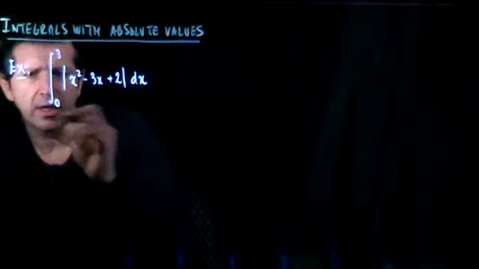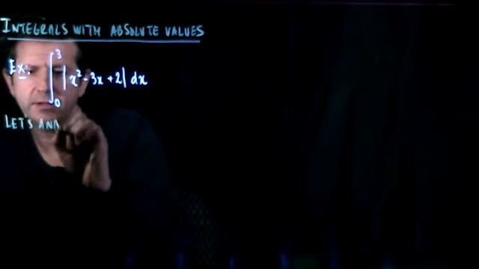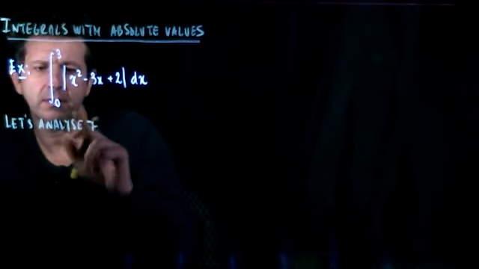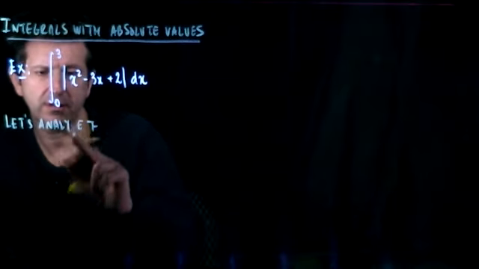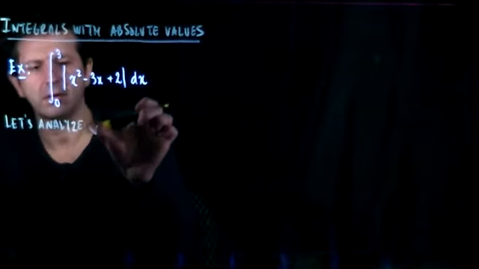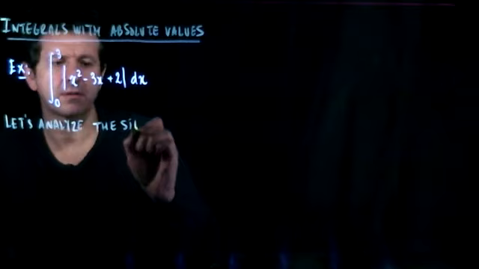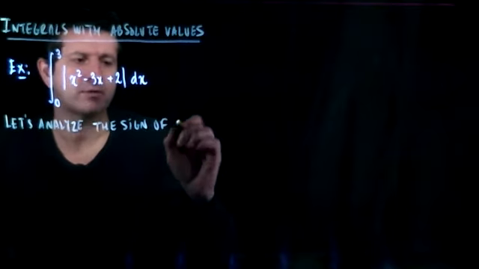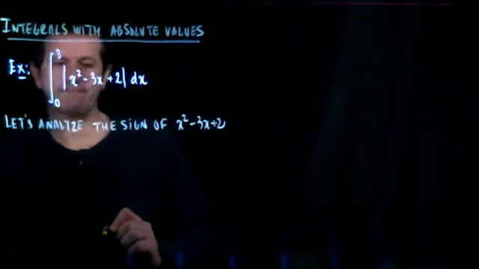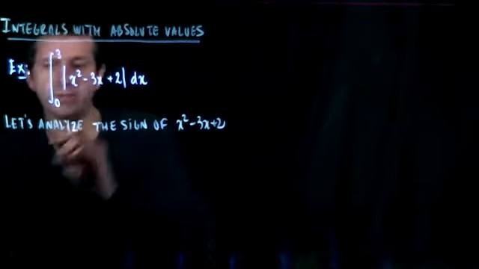So let's analyze the sign of x^2 minus 3x plus 2. First I'm going to see when it becomes 0.